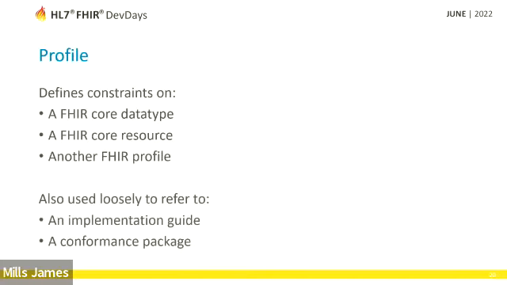But you have to be aware that sometimes this term is loosely used to refer to the implementation guide or a conformance package. So it depends on the context of the use of the term profile what the actual meaning is. But when we talk about profiling, we usually mean the first definition.